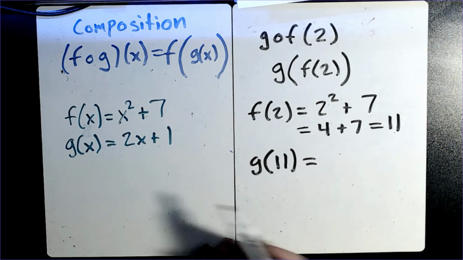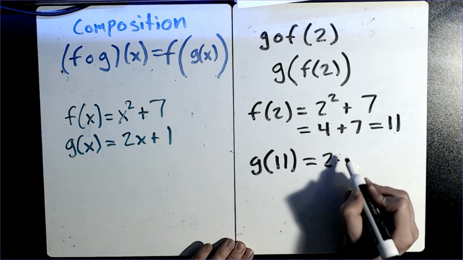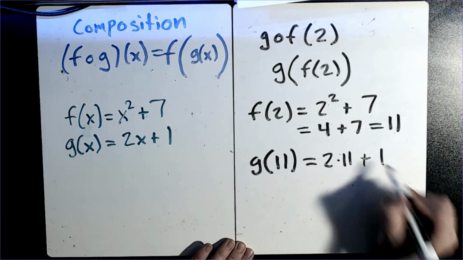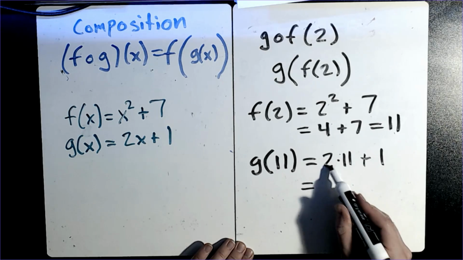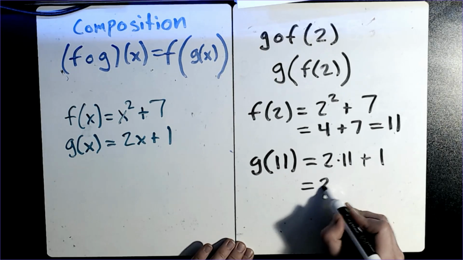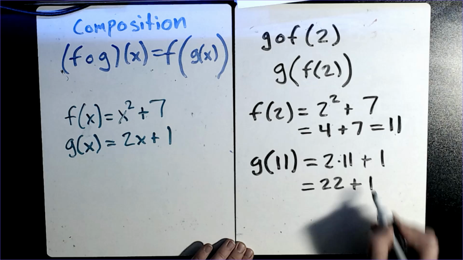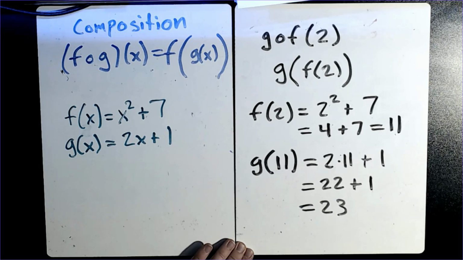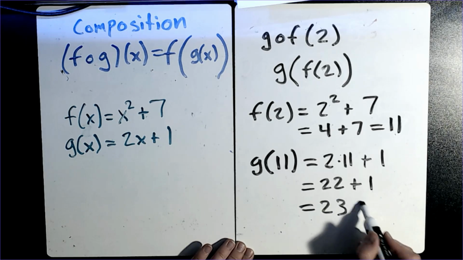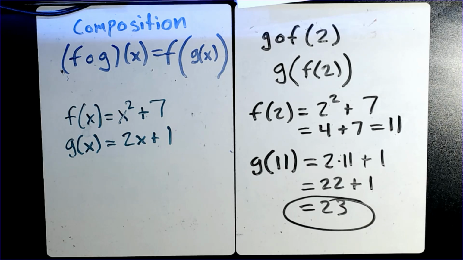We plug that in, we get 2 times 11 plus 1. So 2 times 11 is 22, plus 1 is 23. And so that would be our answer here. So hopefully that helps finding the composition of two functions for a particular value.